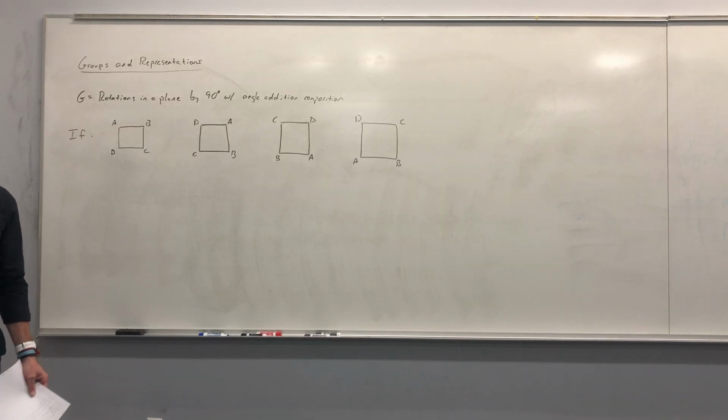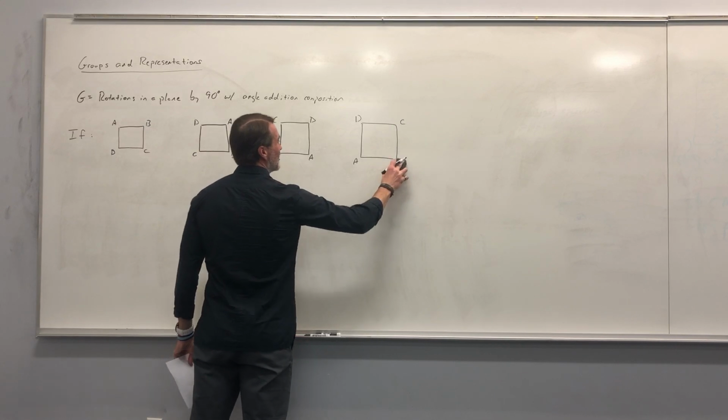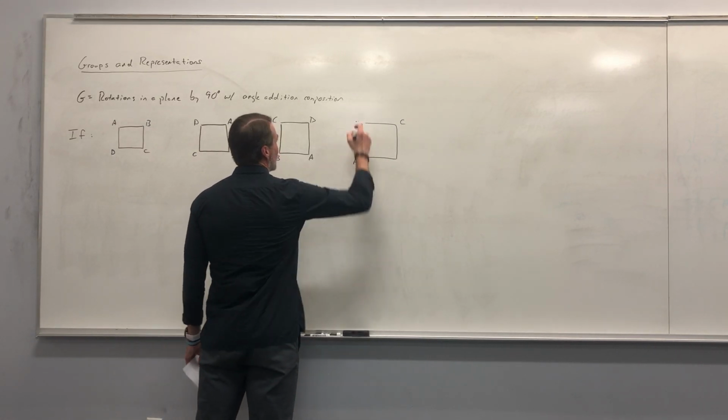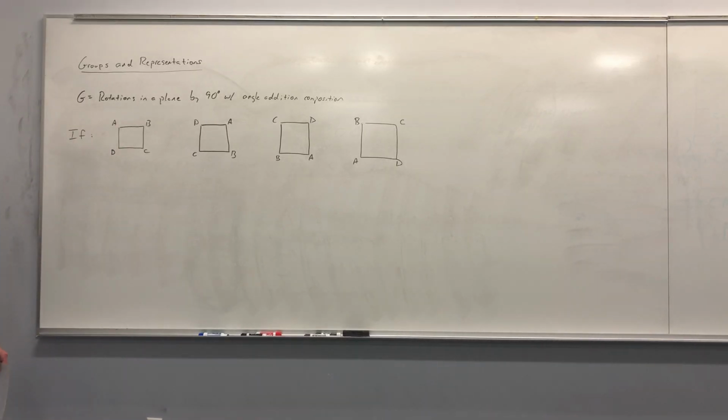Good, I just want to make sure someone was paying attention. Thank you. All right, so those are our four configurations, and what I want to do is assign a matrix to each of them.